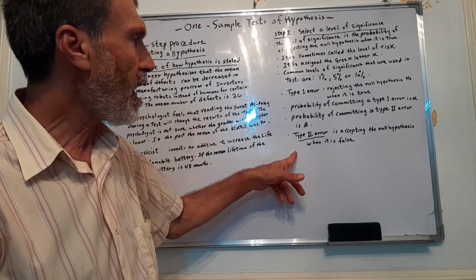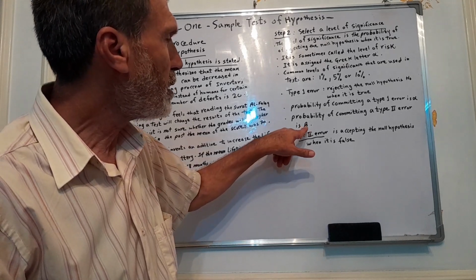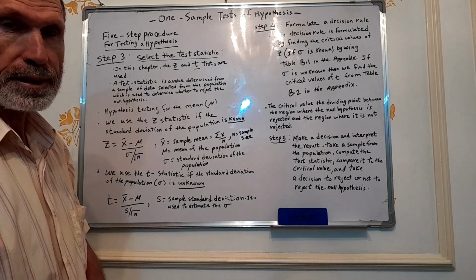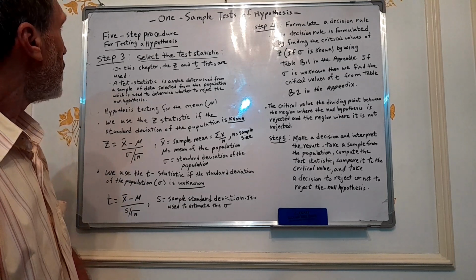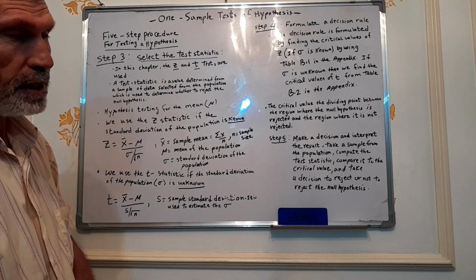This is type 2 error. We're going to refer to type 2 error by the letter beta. Now, we are still going over the steps in the 5-step procedure for testing a hypothesis.